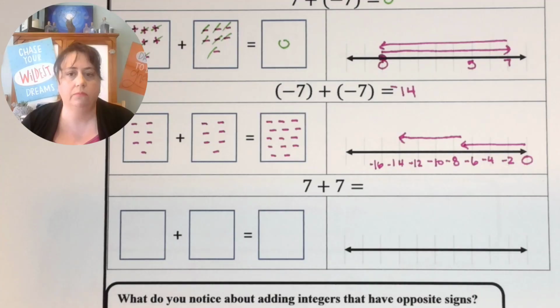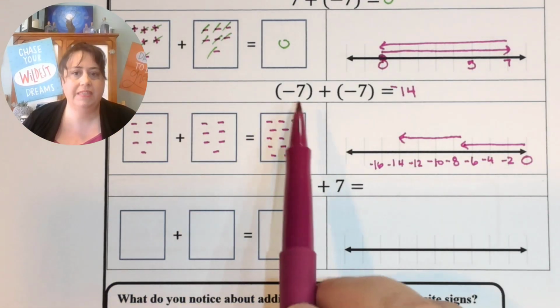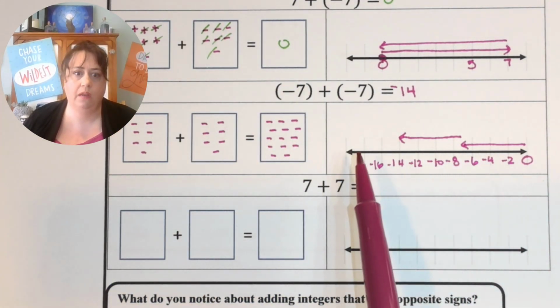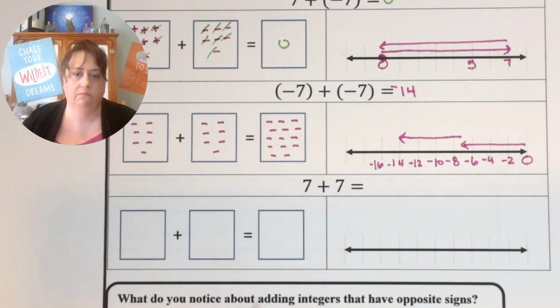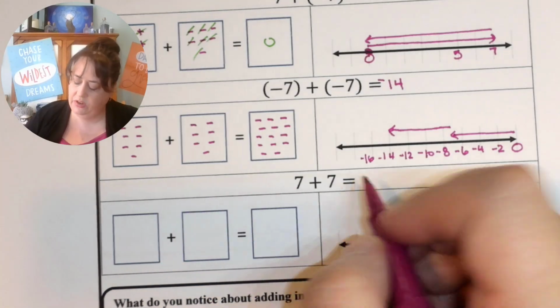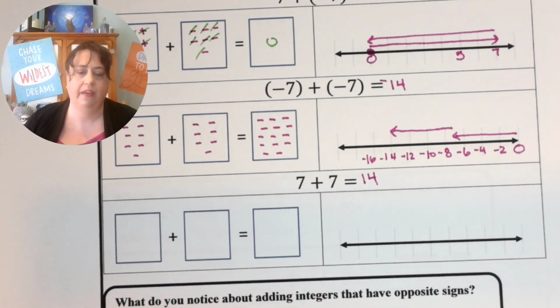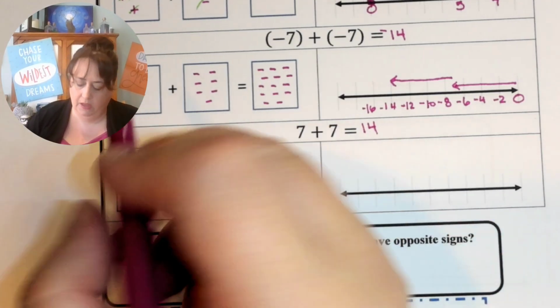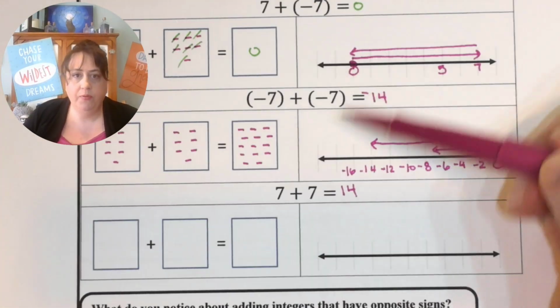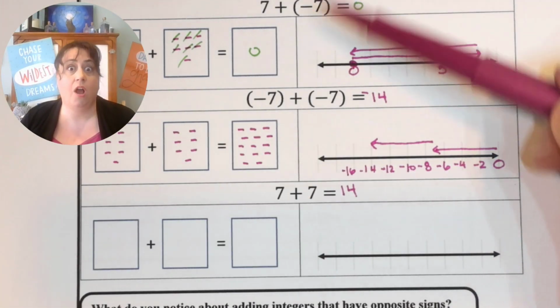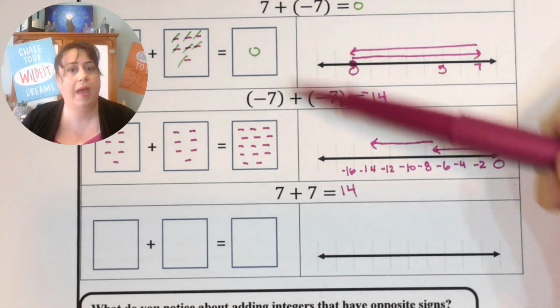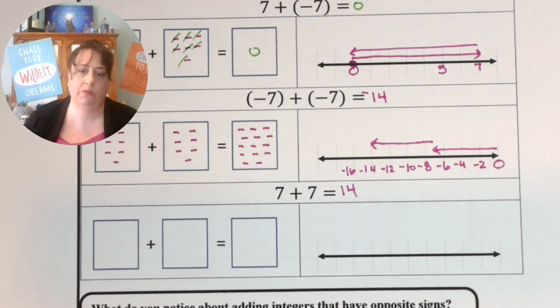So when the signs are the same, I got more negative, right? 7 plus 7, you guys know what this is. It's 14. So even though all 3 of those problems had 7s, they're all doing something different. So you have to pay attention to where those negatives are.